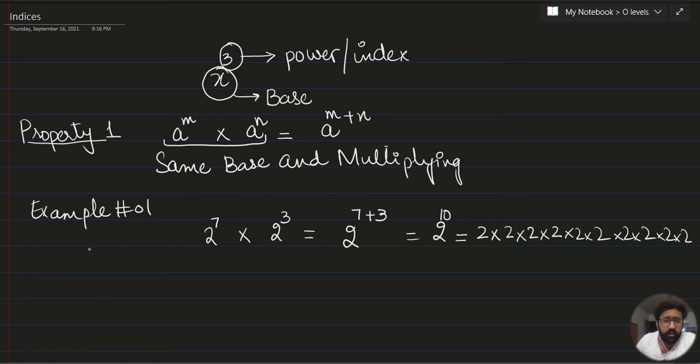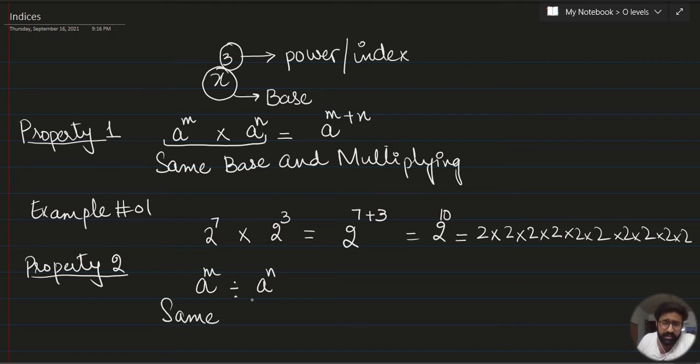Now let's move on to the next property, property number 2, which is almost the same as property 1, with a little difference. That property is that if there are two numbers, just like the previous property, but these two numbers are dividing, you can very well see that they have the same base and they are dividing.